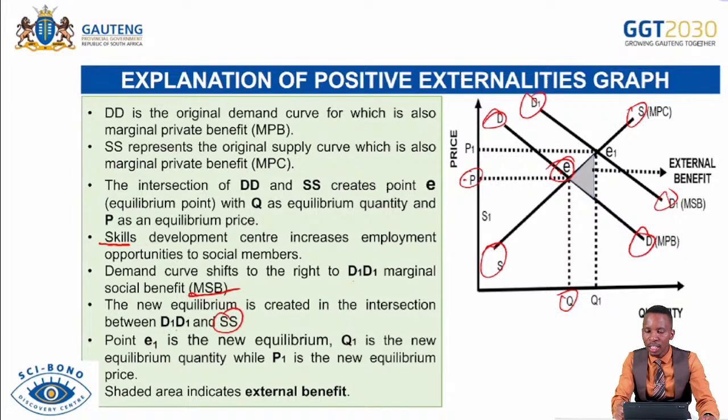Remember, D1 intersects with the original supply curve SS because supply remains constant. So the new equilibrium point is E1, Q1 is the new equilibrium quantity, and P1 is the new equilibrium price. The shaded area indicates the external benefit, or positive externality, or the social benefit.